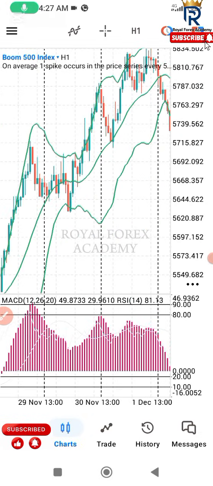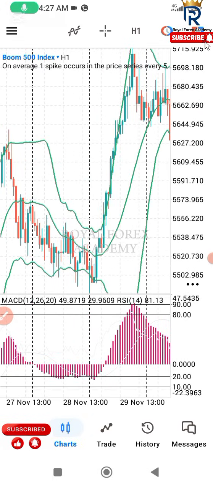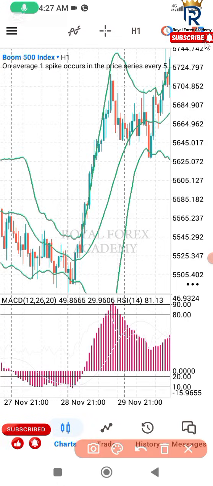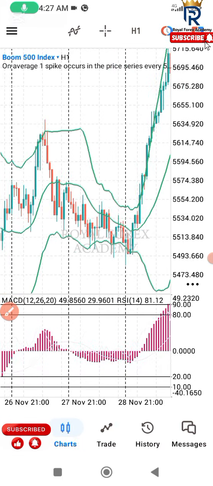This sells to you an idea that price is in an uptrend. And if you see the volume of how it moves to the upside compared to the downside, it shows you the momentum that is present in the market.